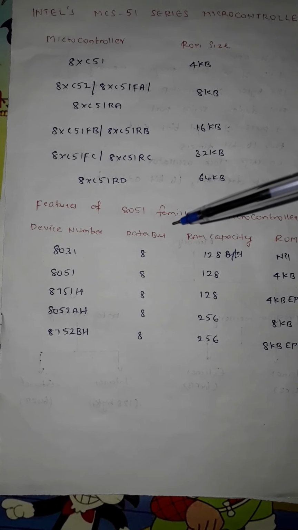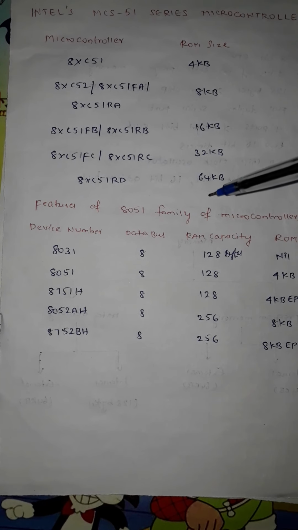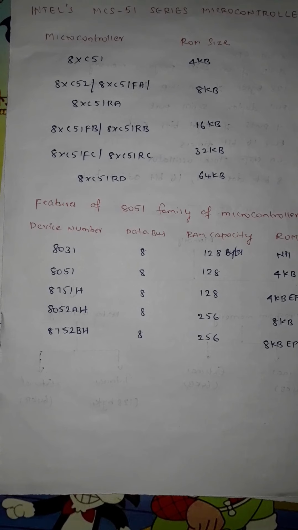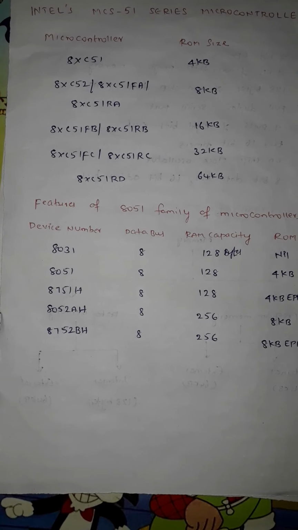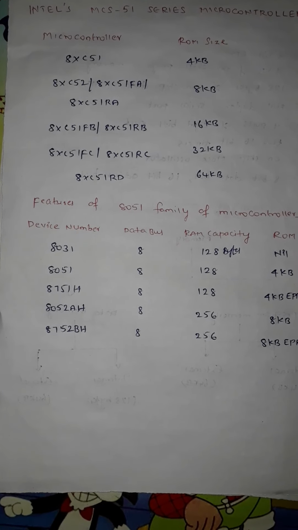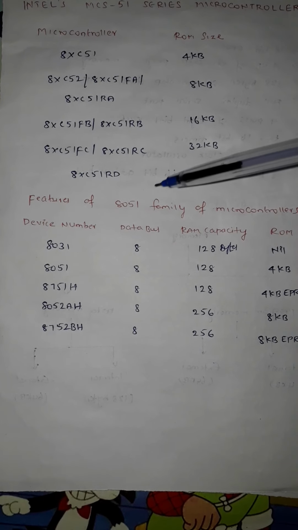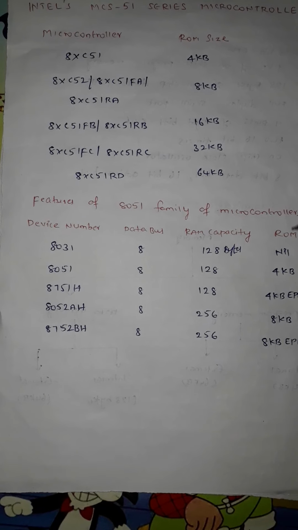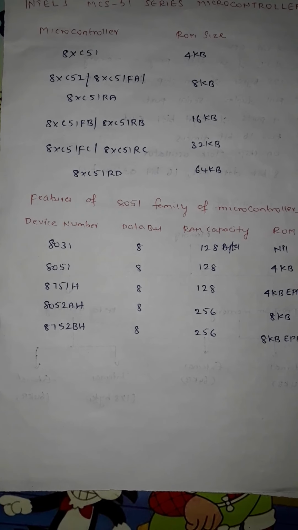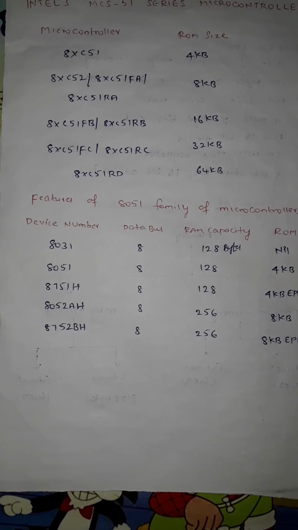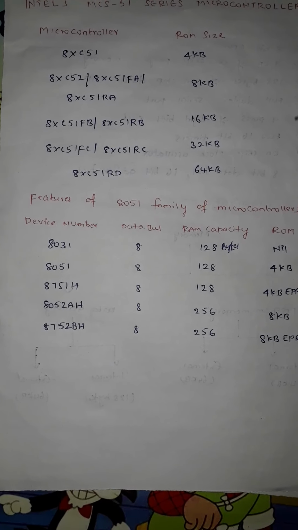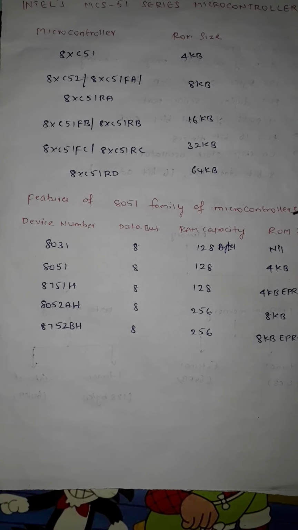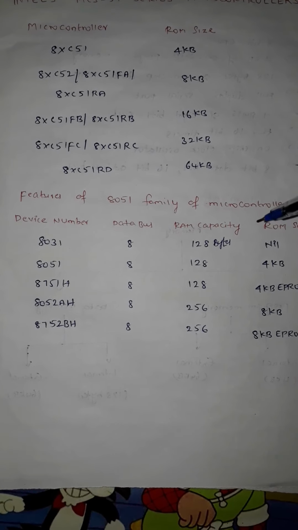That means the 8031 has 128 bytes available for data processing, whereas for program storage it doesn't have any internal memory. So external memory needs to be connected to the 8031, and through external memory access you can run programs on the 8031.